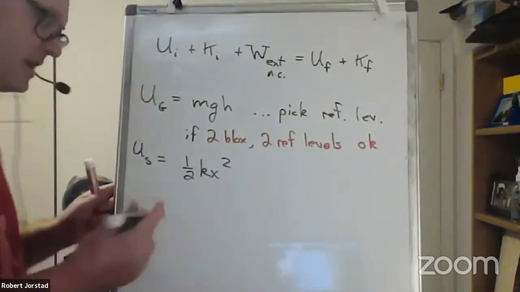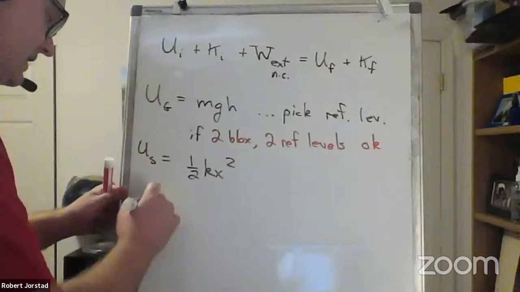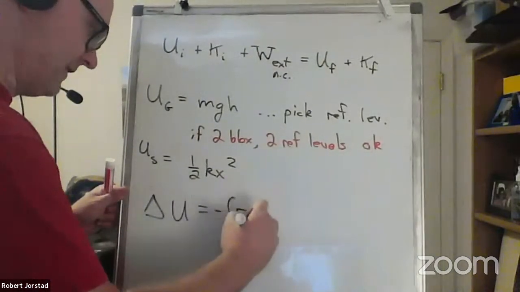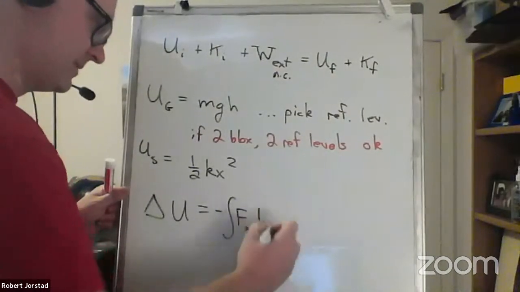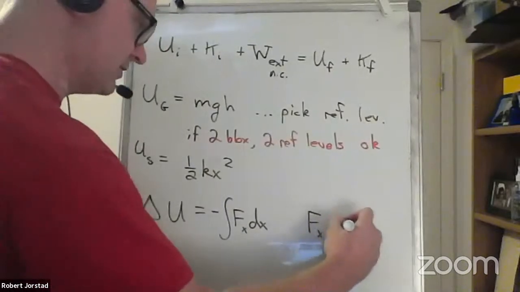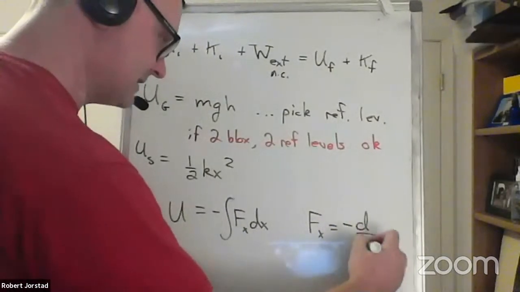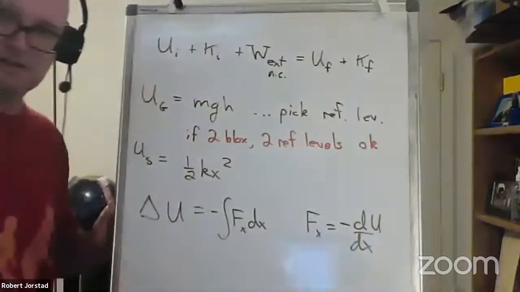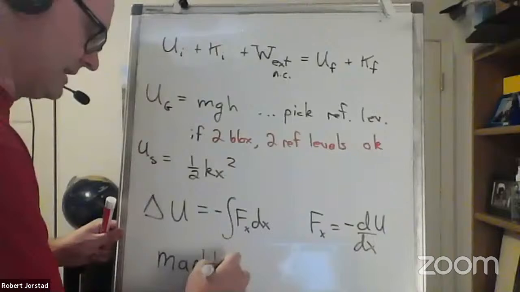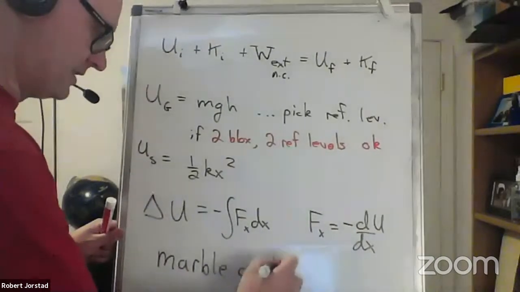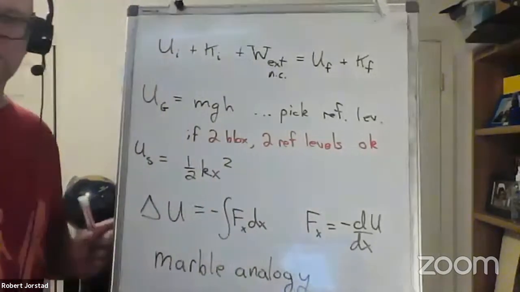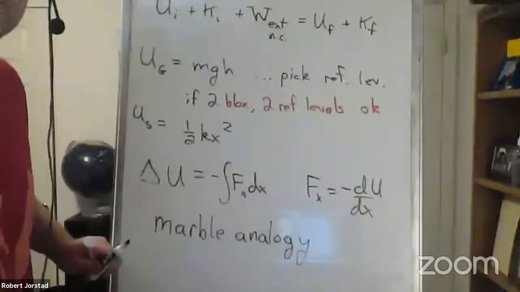And then we also saw that we could use the change in potential energy is equal to minus the integral of f sub x dx, which was akin to saying f sub x is equal to minus d/dx of U. And then I'm just going to put it here. I don't know. The marble analogy is tough. There's a lot in there.